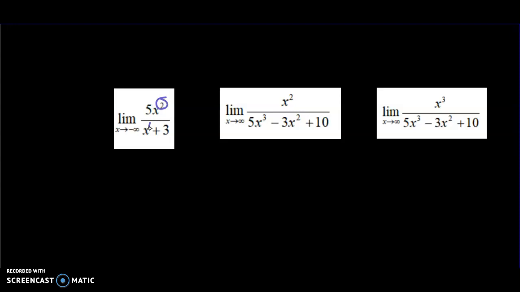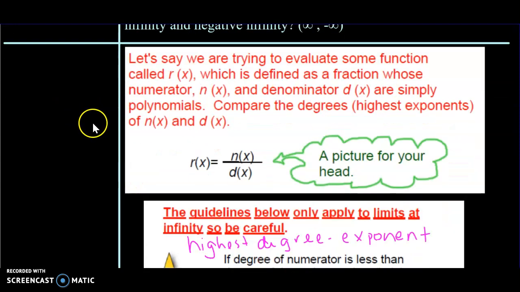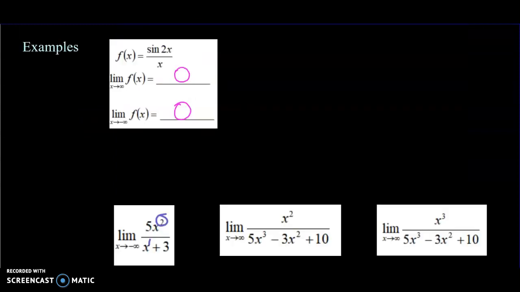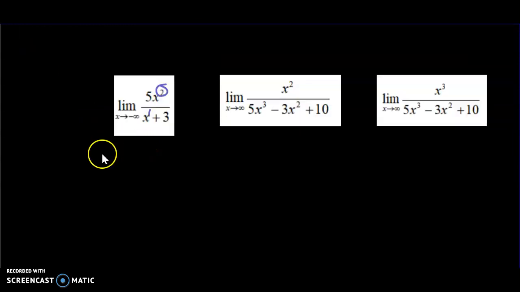So, exponent 2 on top, 1 on the bottom. So when it's bigger on top, what did we say? Let's go back. Bigger on top. Here you go. What case do we have? So bigger on top, we said it is undefined. The limit does not exist. So for this one, the DNE, it does not exist.